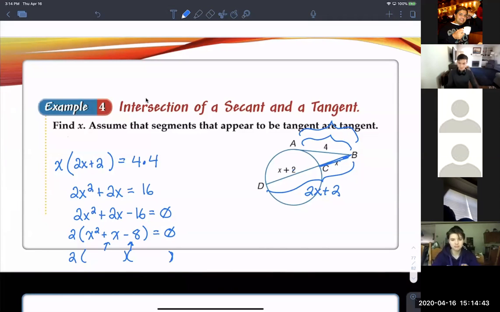Are there any numbers that multiply to give me -8, but add to give me +1?